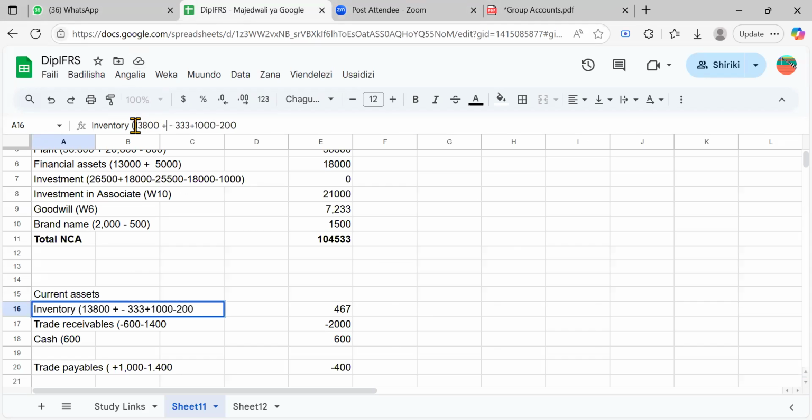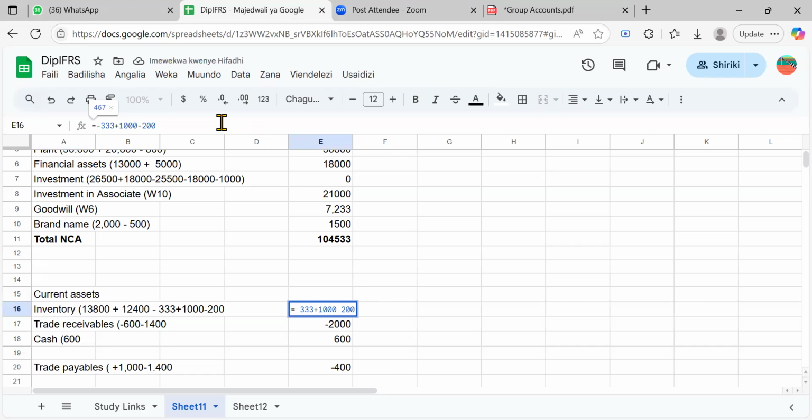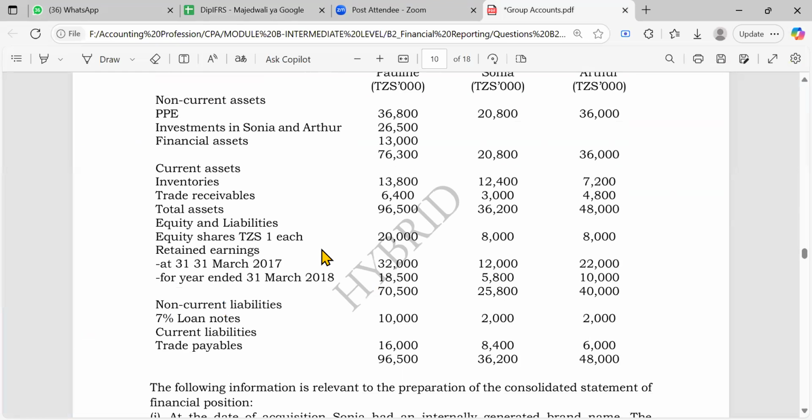13,800 plus 12,400. Yes, we get that figure, and then we are done. We come down here. We have the trade receivables: 6,400 and 3,000, right?